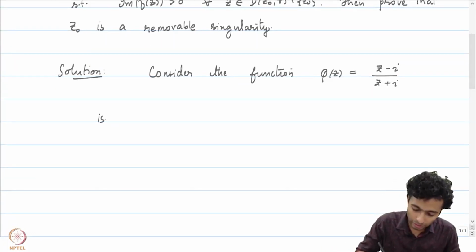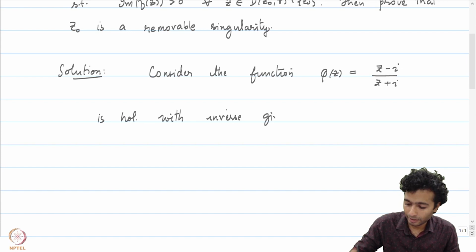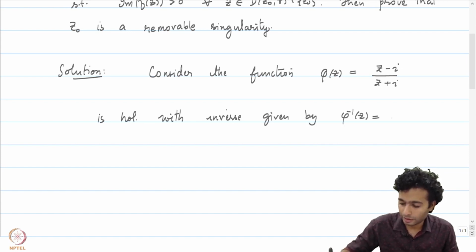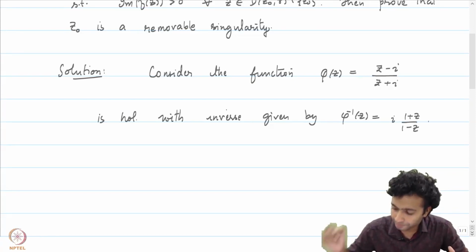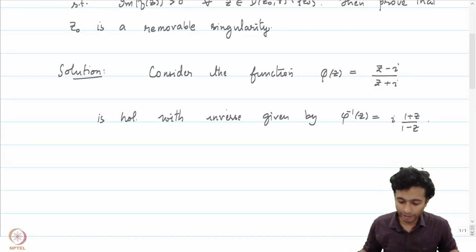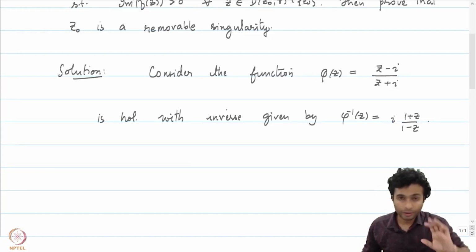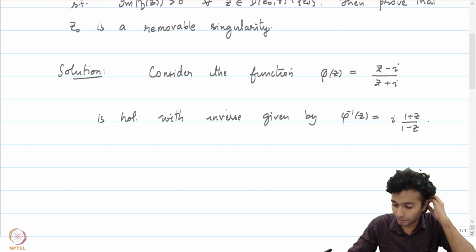The function is holomorphic with inverse given by phi inverse of z, which is i times (1 plus z) by (1 minus z). So I know the inverse explicitly, so it's your job to sit down and check that phi inverse indeed is the inverse of phi that is written here.